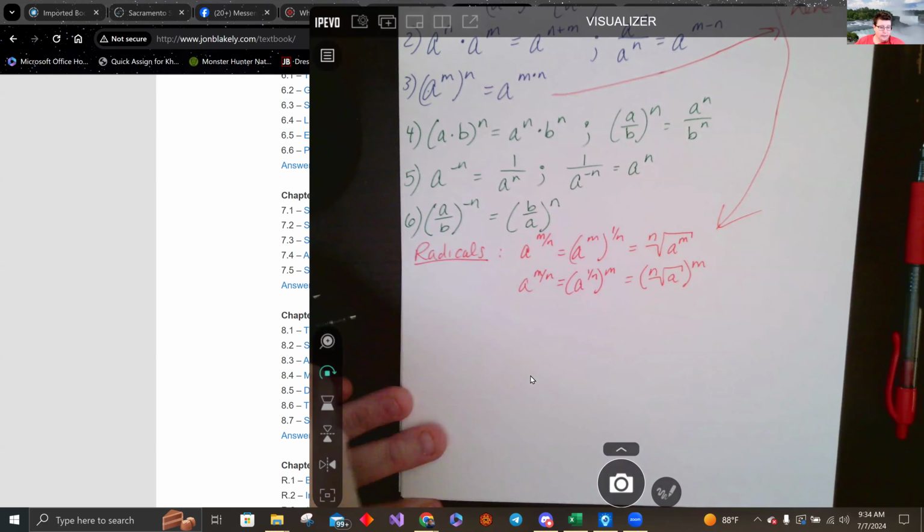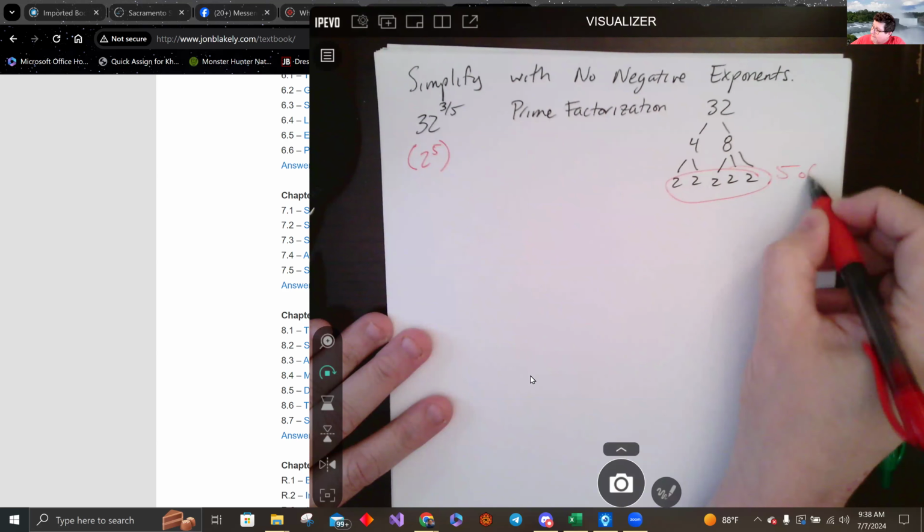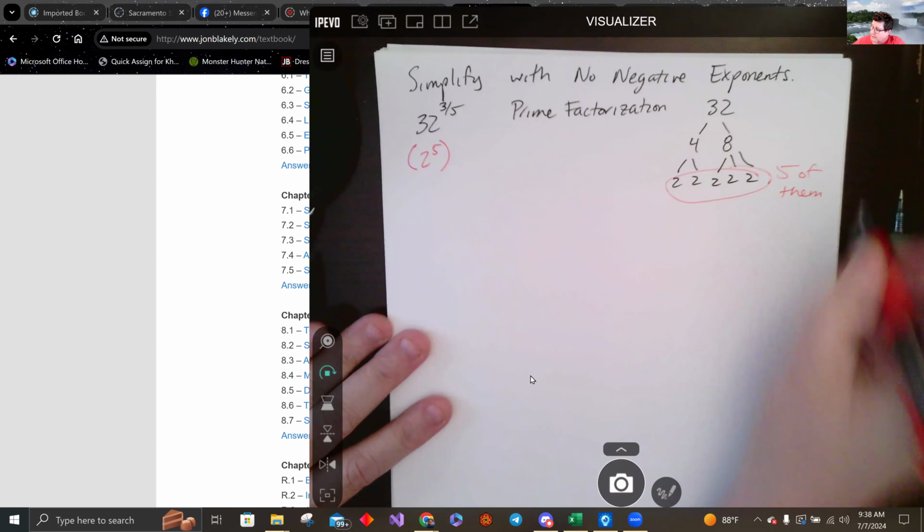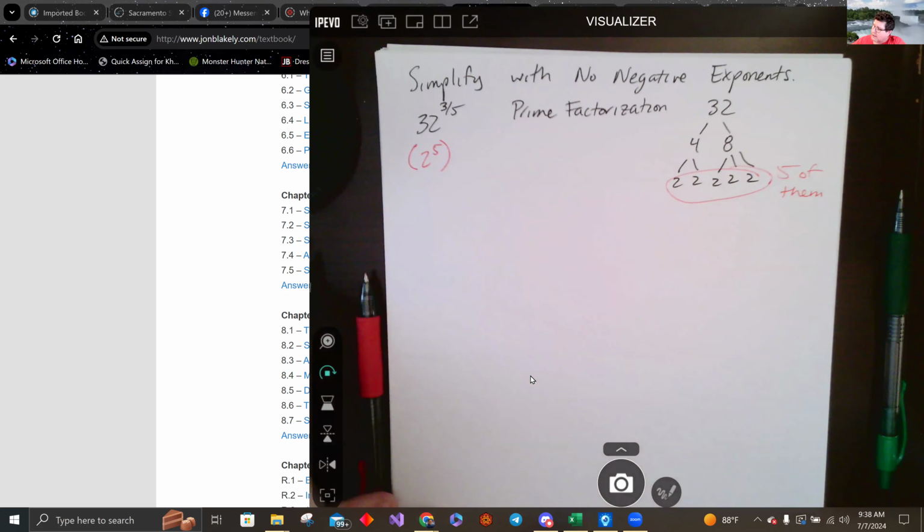That's from our times tables. 4 is 2 times 2. 8 we could do as 2 times 4, or we can just jump straight to 2 times 2 times 2. So 32 is 2 to the 5th power, because there's 5 of them. So this becomes 2 to the 5th power raised to the 3/5.